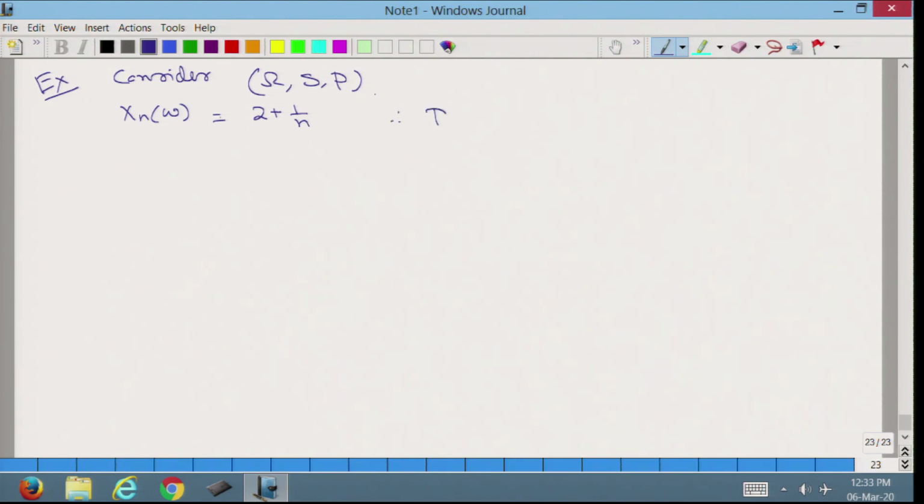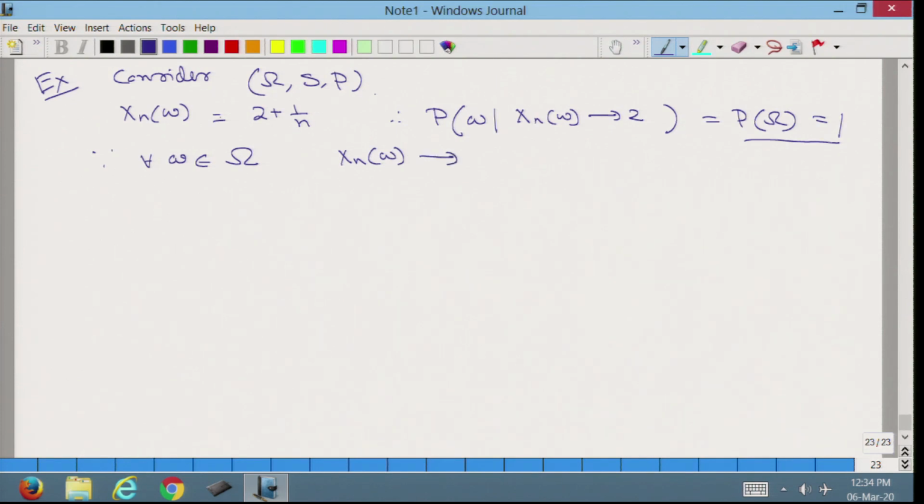Therefore, the probability of omega such that X_n(omega) converges to 2 is equal to the probability of Omega, which is 1, since for all omega belonging to capital Omega, X_n(omega) converges to 2, since 1 by n converges to 0.